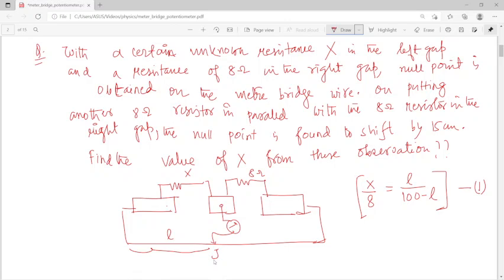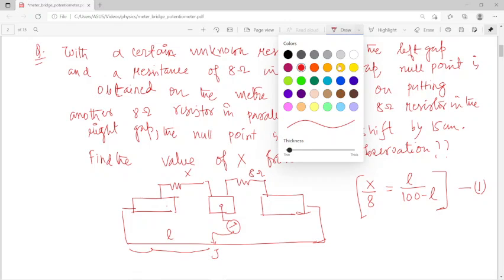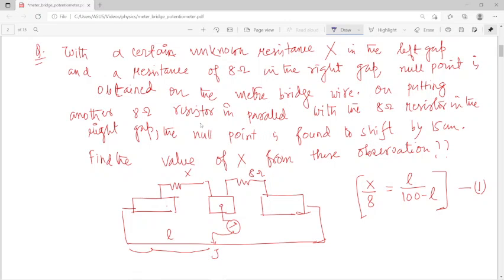Now your question is on putting another 8 ohm resistor parallel with the 8 ohm in the right gap. If we put another resistor parallel to this 8 ohm, then the null point will shift somewhere else, and it is given that the null point is shifted by 15 centimeter.